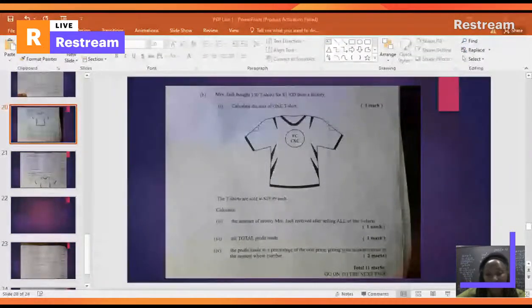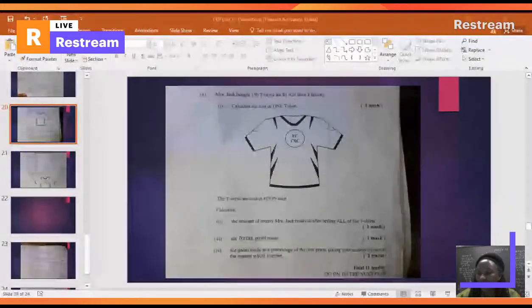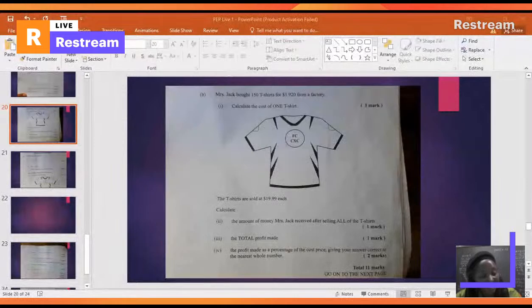So she's selling the 150 of them for $19.99 each, and when we take away what she bought them for, we get $1,078.50. That's her profit. That's the extra that she's making on these t-shirts.